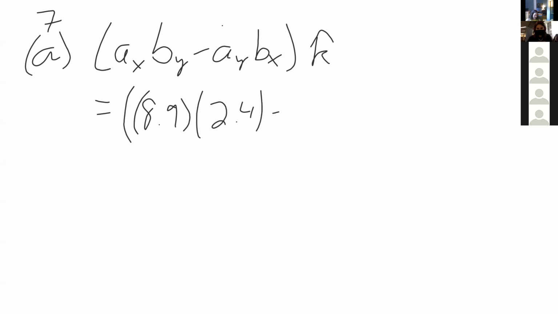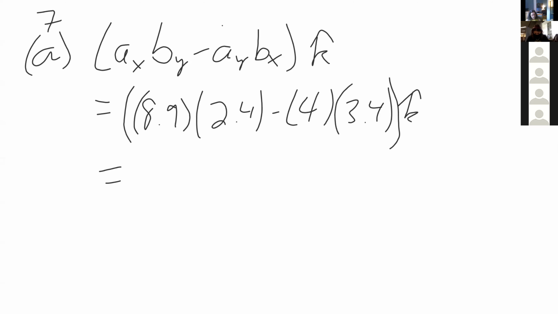The y component of my a vector is 4, and the x component of my b vector is 3.4. That's in the k-hat. I'd plug this directly into my calculator and I would get 7.8 in the k-hat.